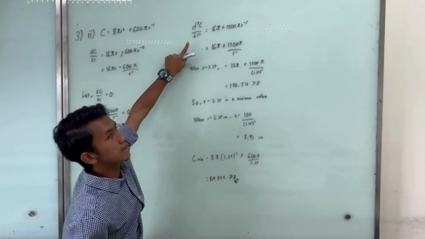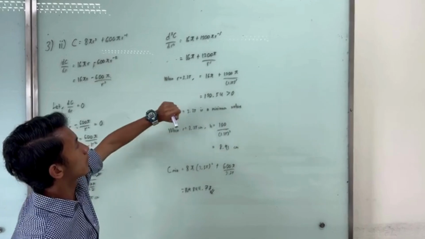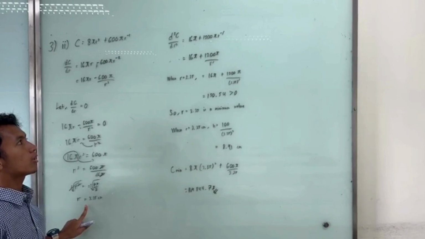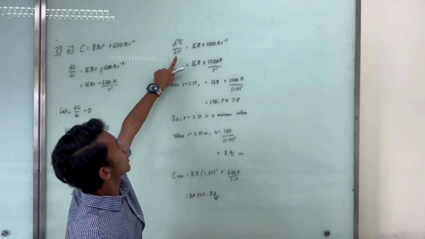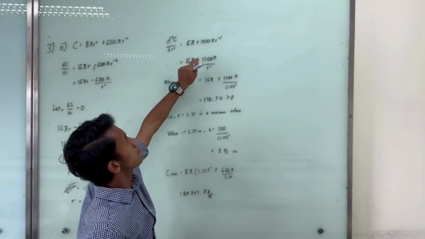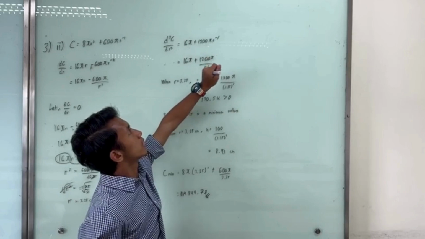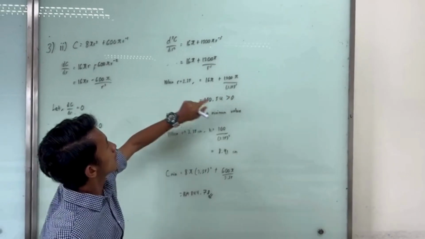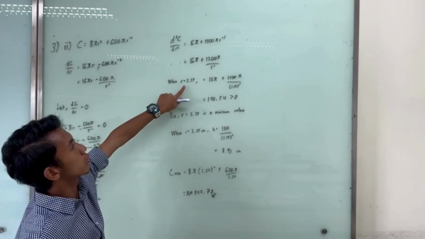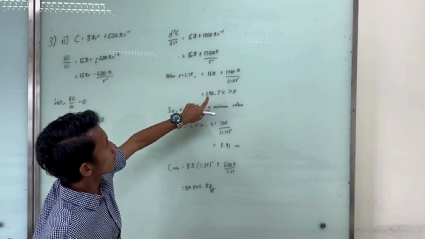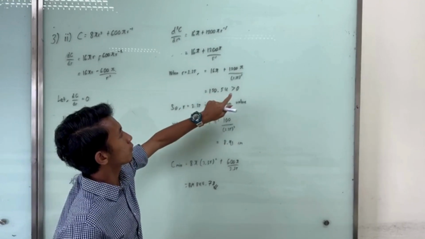Next, we use the second derivative test to find whether the value we got for r is a minimum or maximum. The second derivative is 16 pi plus 1200 pi r to the power of negative 3. When we substitute r equals 3.35, we get 150.554.